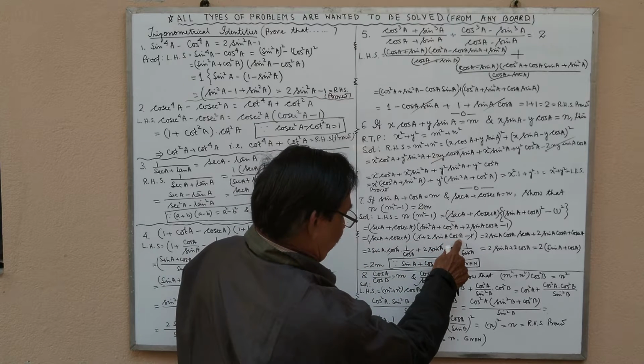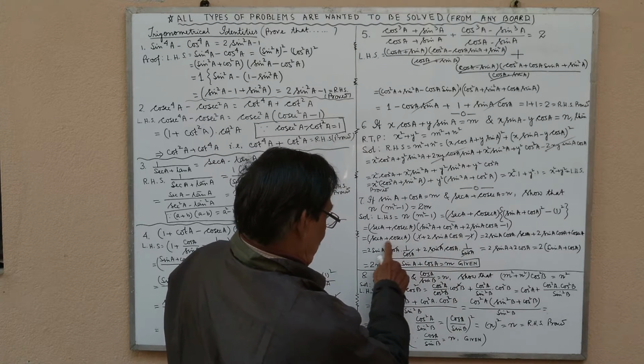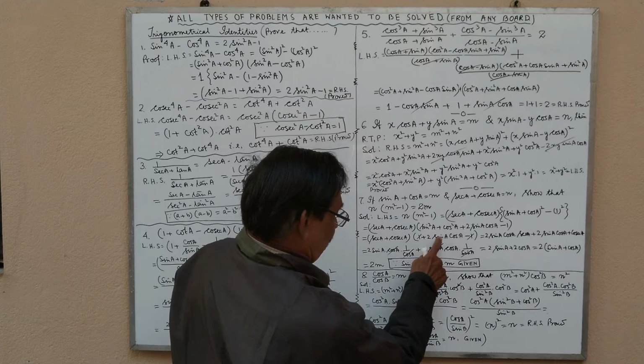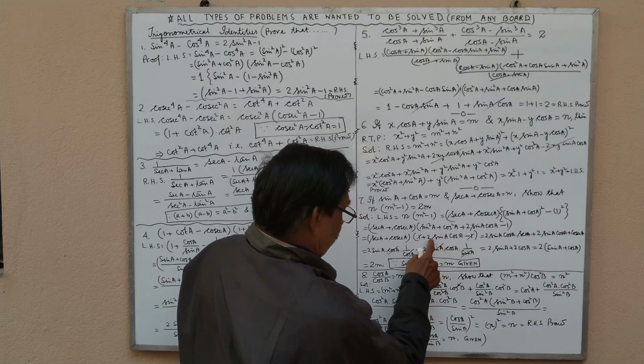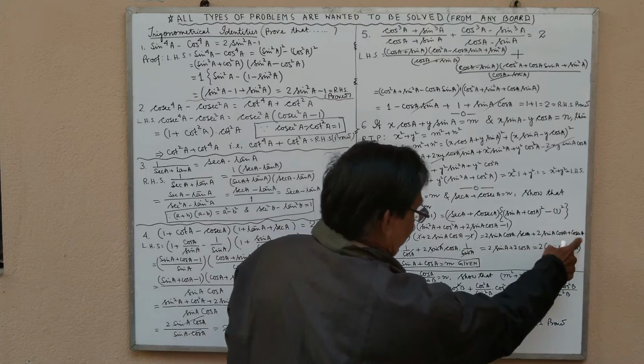So it will be 2 into sin a cos a into sec a, and 2 into sin a cos a into cosec a.